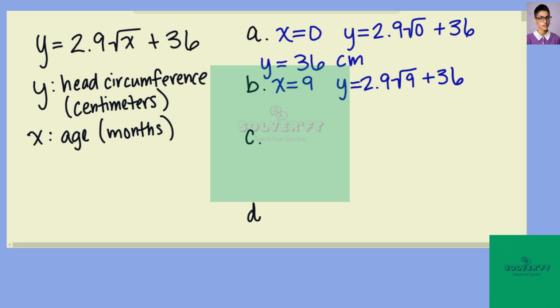The square root of 9 is 3. And 2.9 times 3 is 8.7. And 8.7 plus 36 is 44.7.